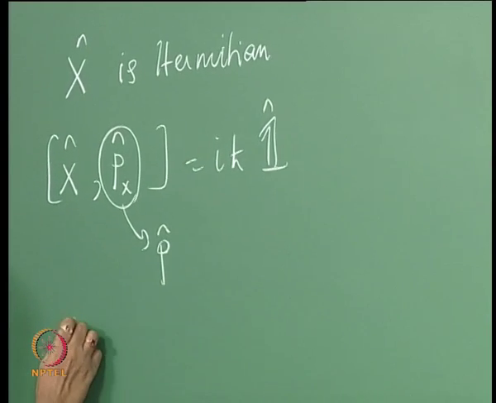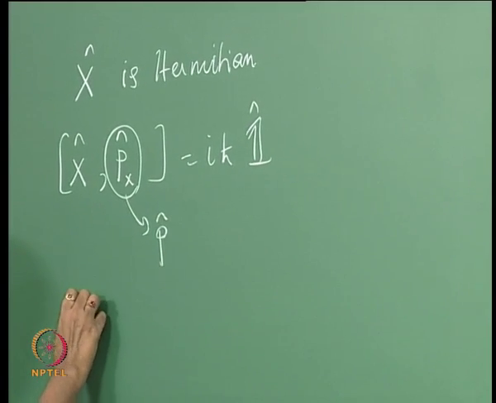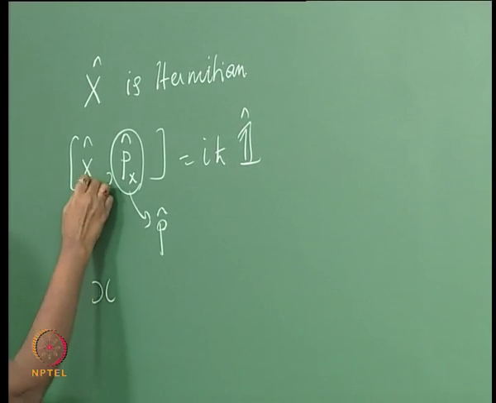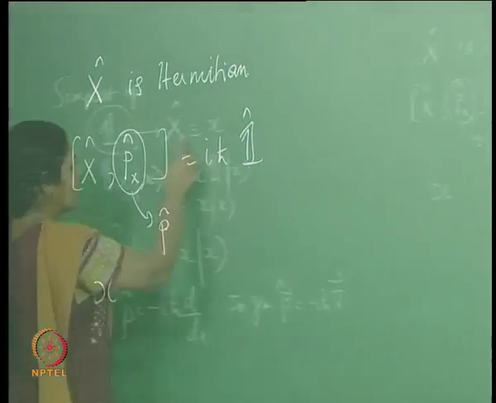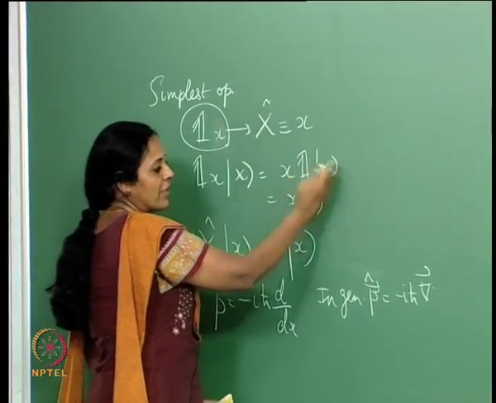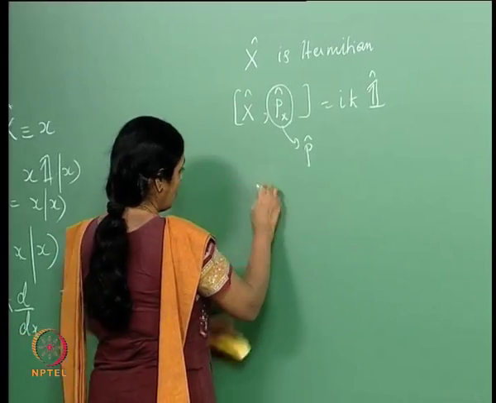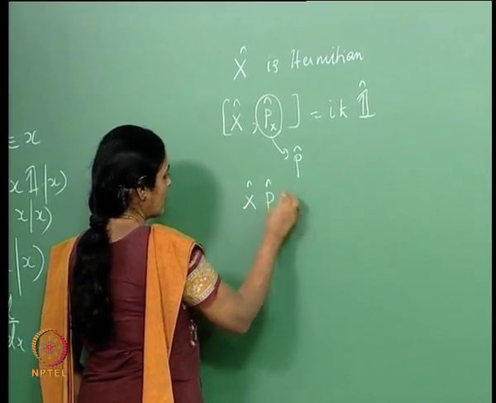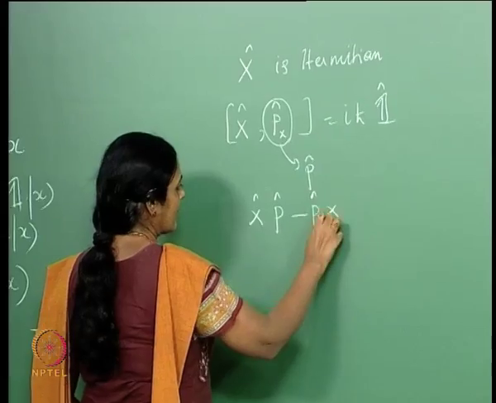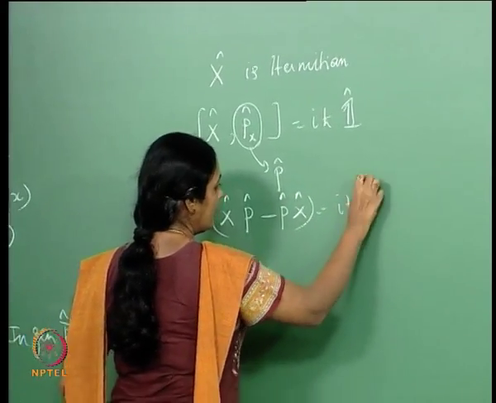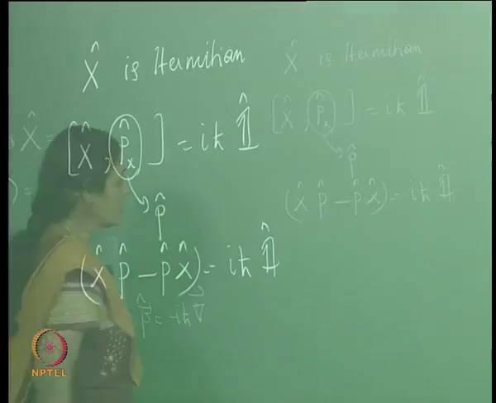So if you now expand, you have x to be simply replaced by the number x. I am suppressing the fact that there is an identity operator there. So if you wish, we will keep it that way. xp minus px is i h cross identity. Take the Hermitian conjugate.